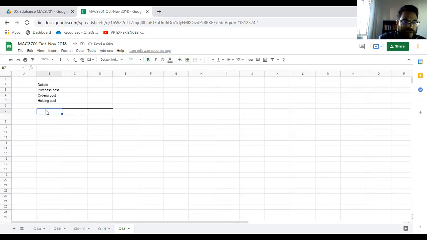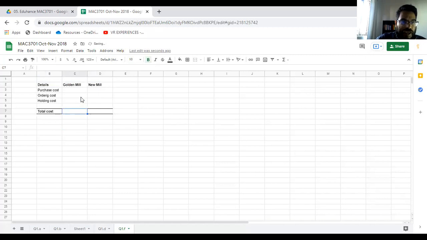Okay, so this will be total costs. And all we will do over here is put in Golden Mill and New Mill. Okay, so that's all we're going to do.